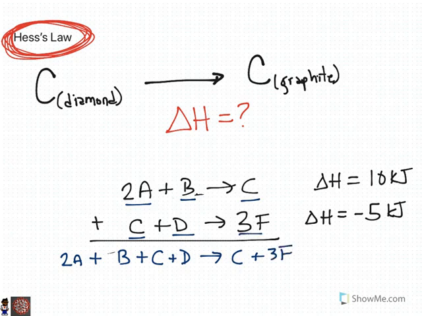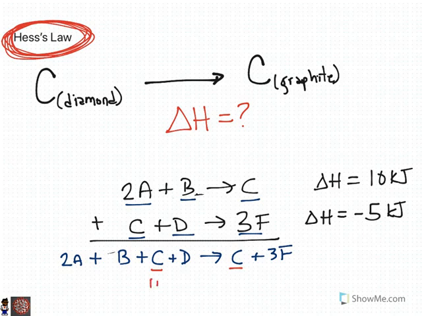Well, what's nice about Hess's law, or what we're going to take advantage of, is this. If you have something that shows up on both sides exactly the same, I'll underline it in red so you can see. In this case, we have C coming out exactly the same. It's similar to the spectator idea, but it just has a different name.